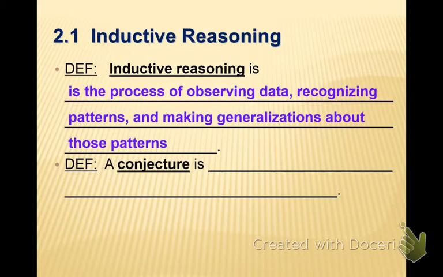Now you probably would want to say observe data, recognize patterns, make a generalization about it. But if you have those 3 words, so underline them or circle them, that's what you need to know about the inductive reasoning definition.